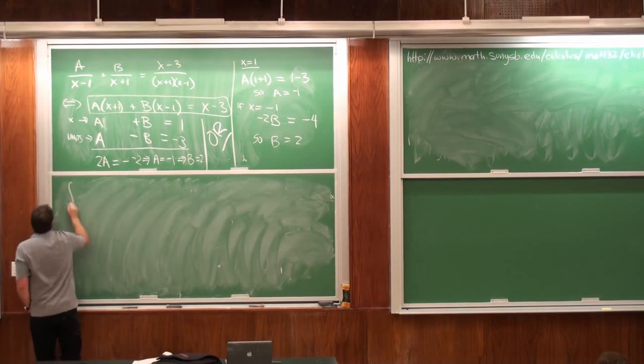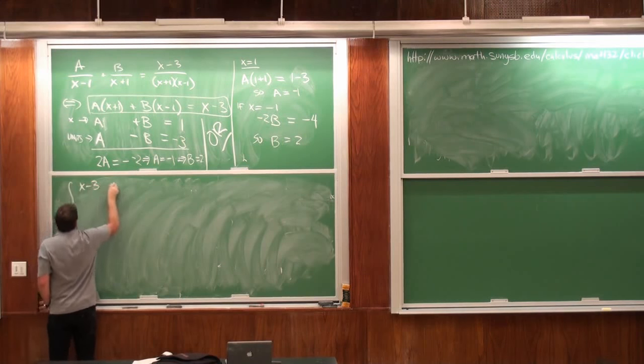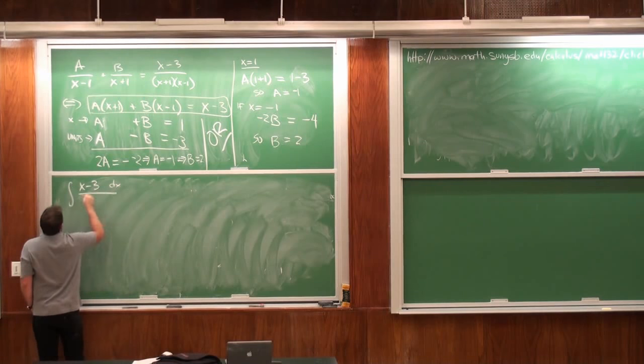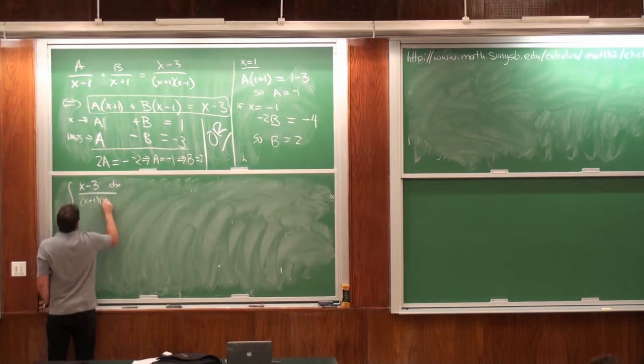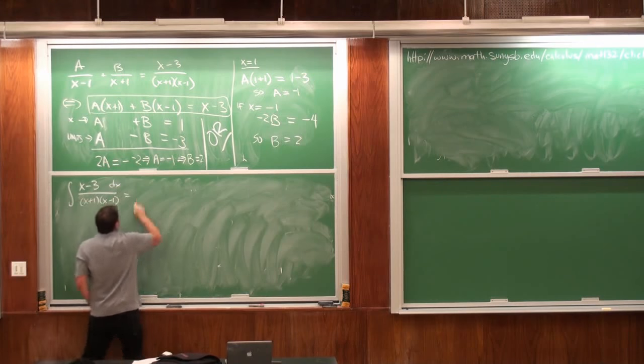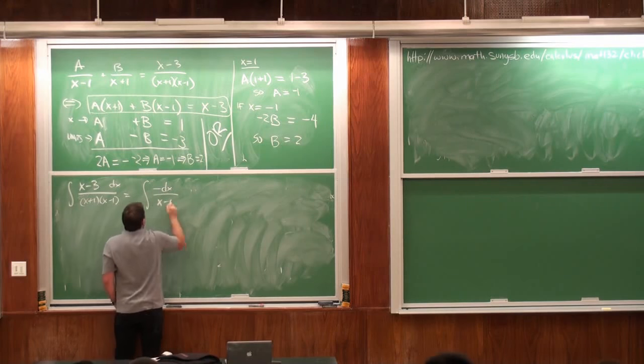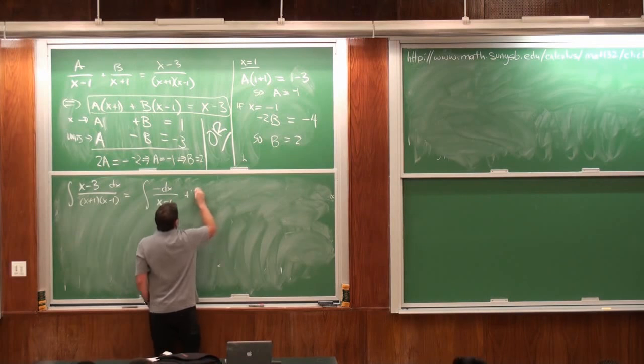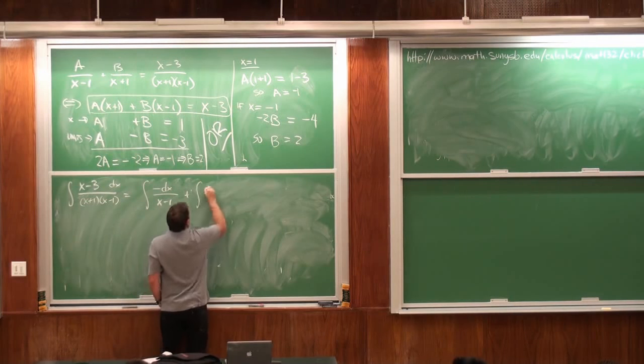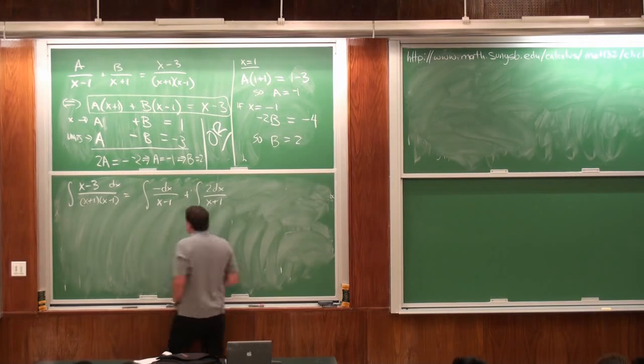So that means that the integral of (x minus 3) dx over (x plus 1)(x minus 1) is the same thing as the integral of negative dx over x minus 1 plus the integral of 2 dx over x plus 1.